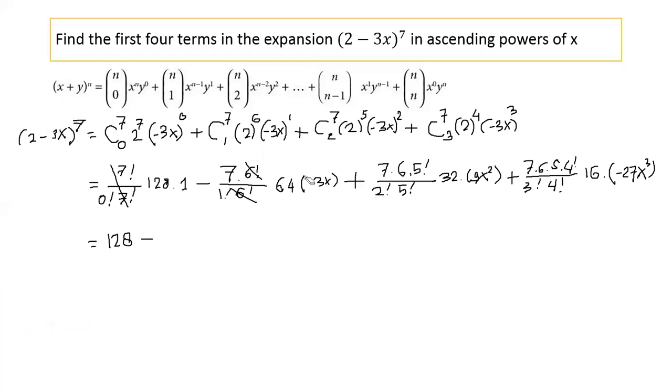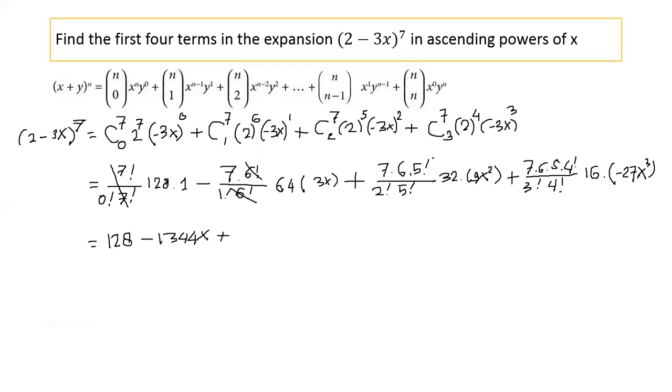This one is positive 3x. So 7 times 64 times 3 is 1344x. So this is the second term.